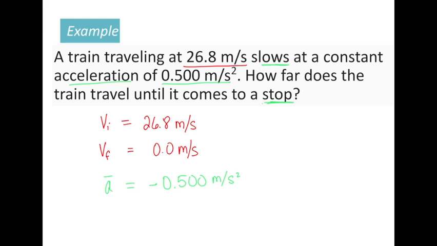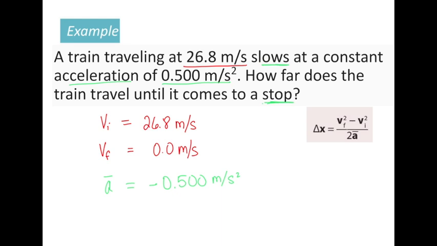What you'll notice is that we do not know time here. We are going to use the third equation because we really don't know anything else about it to plug in, but we have the final velocity, we have the initial velocity, we have the average acceleration, don't we? And so now we're just going to plug those in, all right? The final matters. I know it's 0, but the final matters because you're subtracting, okay?